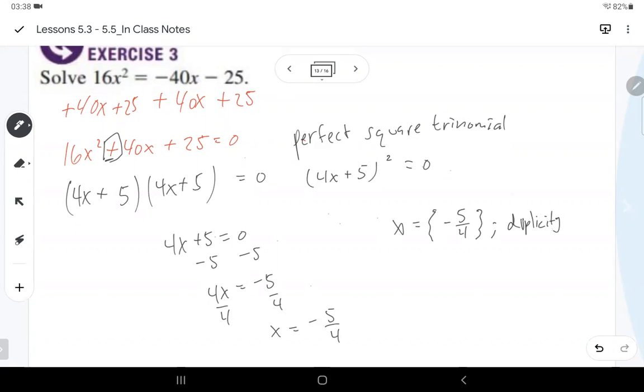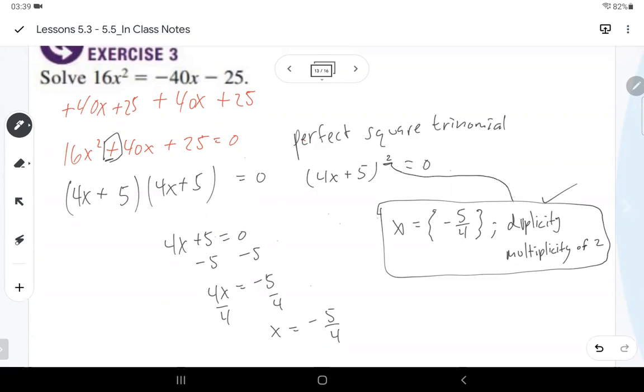duplicity. Okay. Another way to say that is a multiplicity of 2. All that tells you is that your answer or solution really is showing up twice. And that's because of this power right here, which gives you the duplicity. Do you absolutely need that for your test?